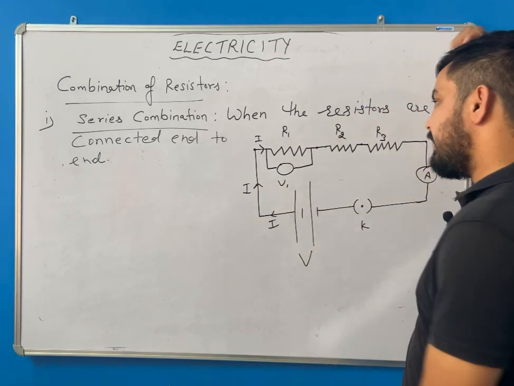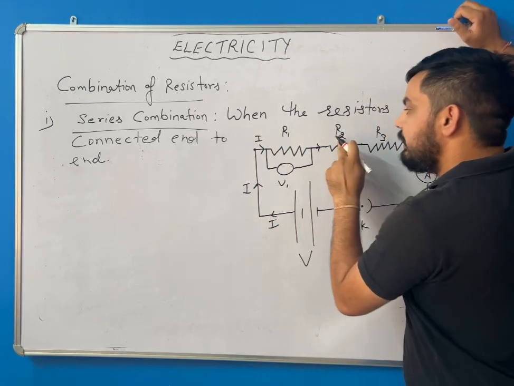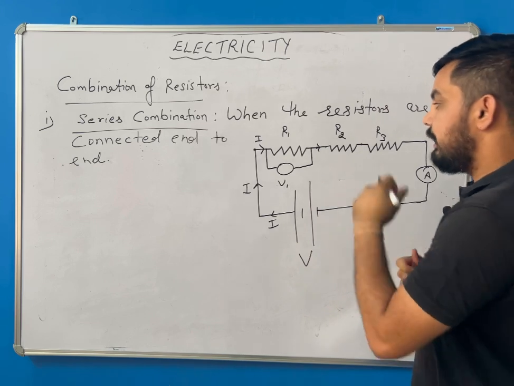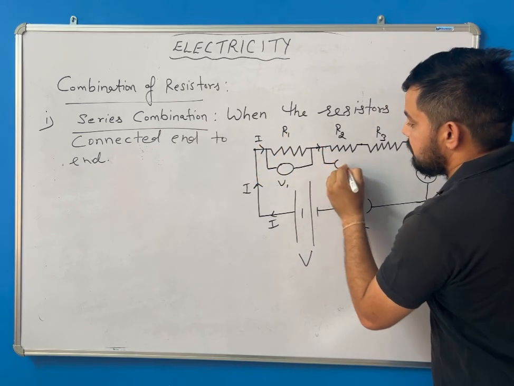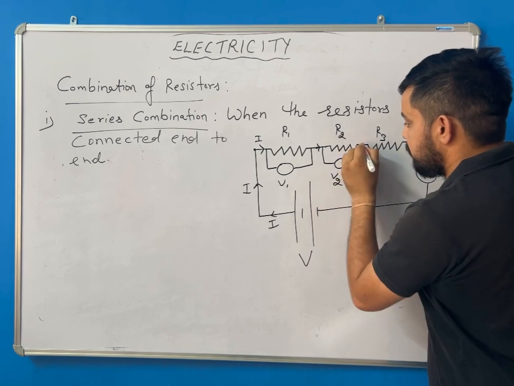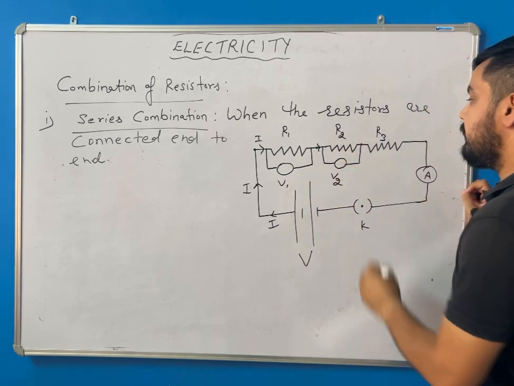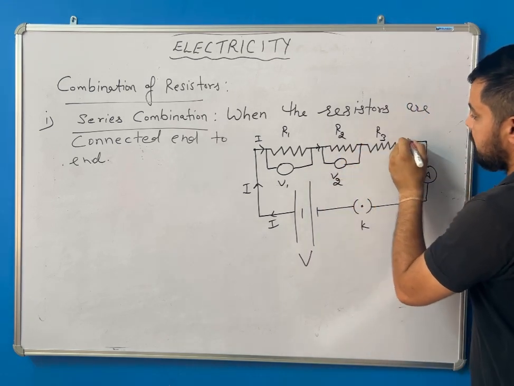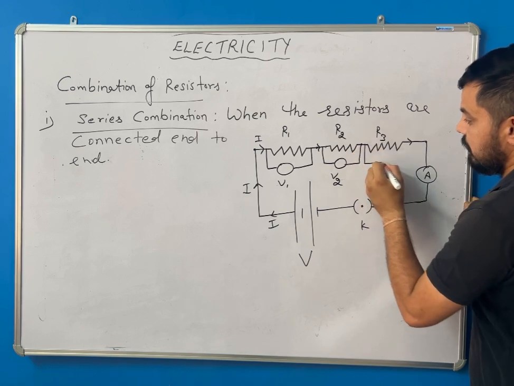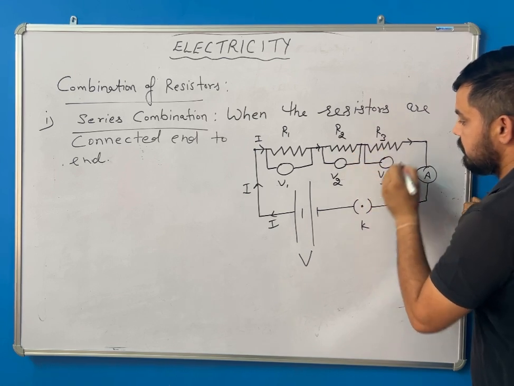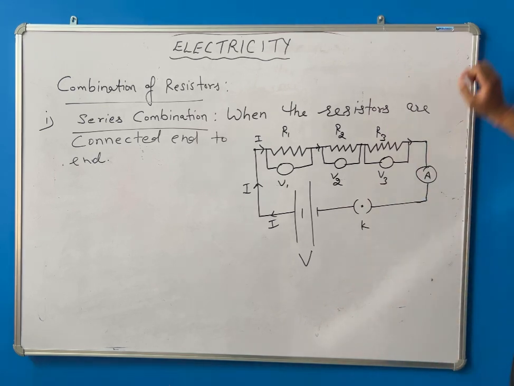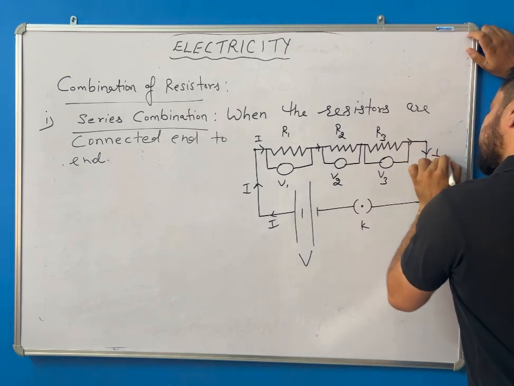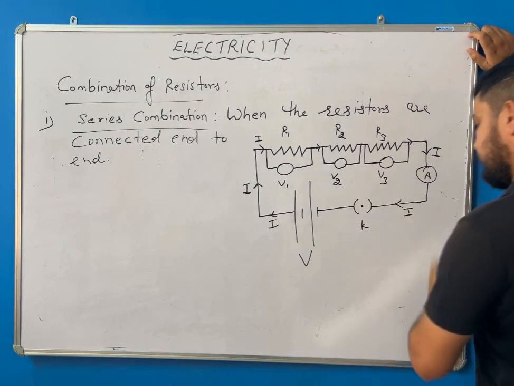In the same way, when this current enters the second resistor, again there is opposition and again the potential difference is changed. And so on, when this current passes through the third resistor, again the potential difference will change, it is V3. Then the current I will pass through this way.